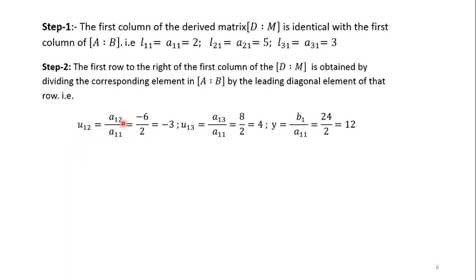U12 equals the corresponding element A12 divided by the leading diagonal already calculated for this row, so minus 6 upon 2 is minus 3. Similarly, U13 is the corresponding element A13 divided by the leading diagonal, so 8 upon 2 is 4. Then y1 is equal to b1 upon a11, equal to 24 upon 2, which is equal to 12.